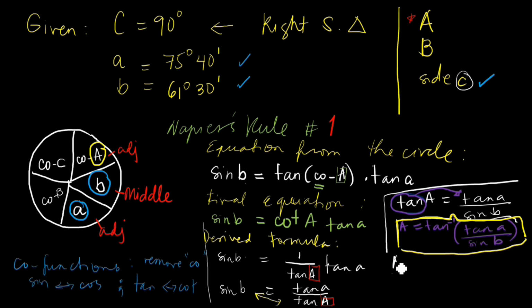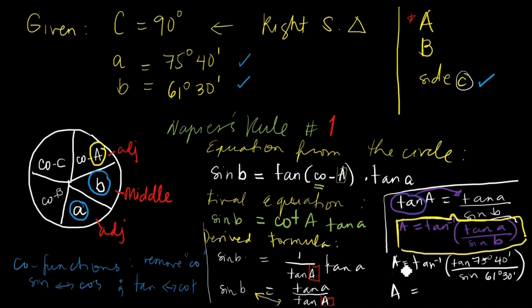So we have A equals arc tangent. Then you just substitute: tangent of side A, that is 75 degrees, 40 minutes, divided by sine of side B, 61 degrees, 30 minutes.